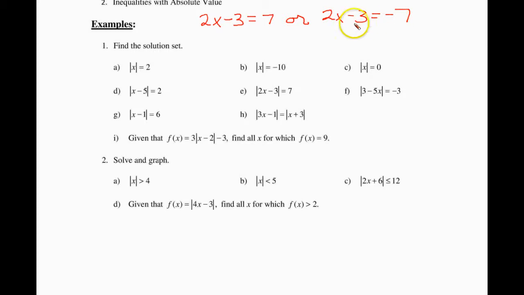In fact, that's what you're supposed to do. So this becomes then 2x, transpose that, positive 3 makes it a 10, divide by 2. Now here when it goes over, it's a positive 3, so this gives you a negative 4, and that becomes x equals a negative 2.